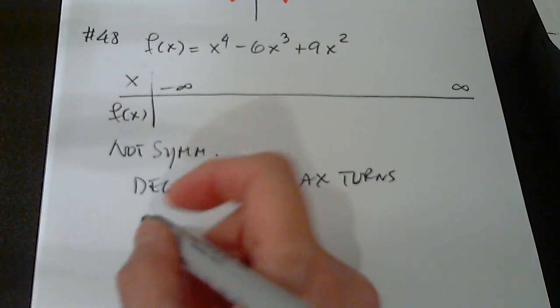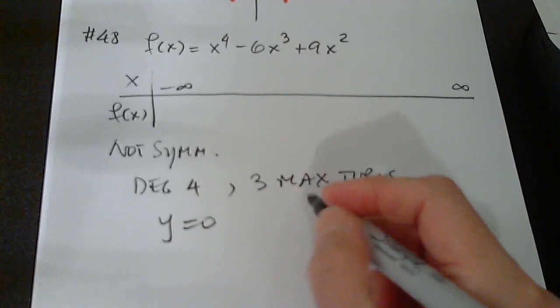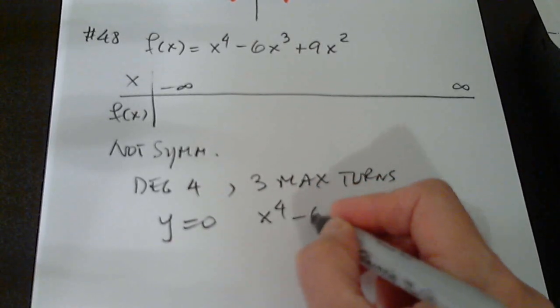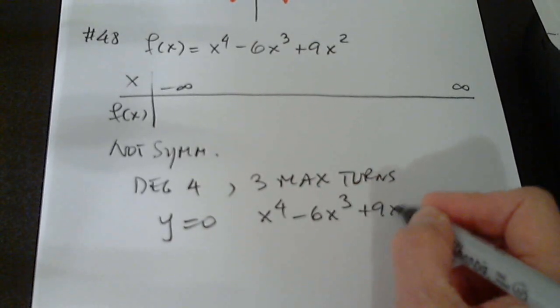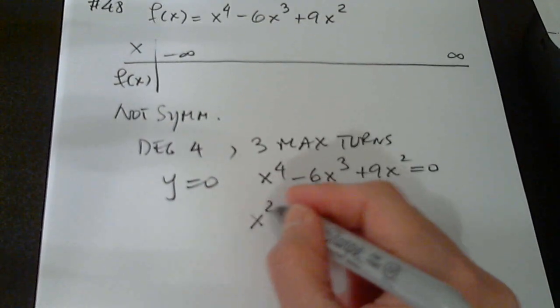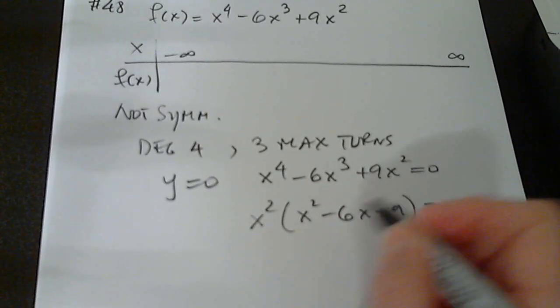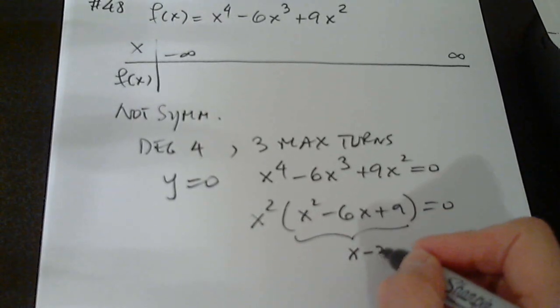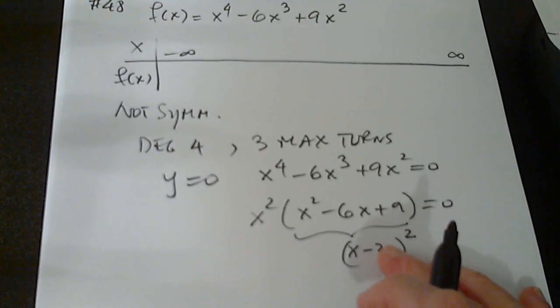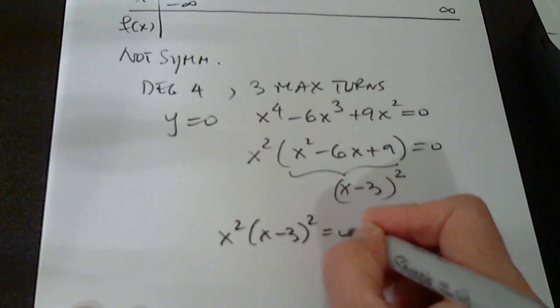So when we find the x-intercepts, so y equals 0, we have x to the fourth minus 6x to the third plus 9x squared equals 0. Of course, we have to factor out x squared. And then we have x squared minus 6x plus 9. And you know that this changes into x minus 3 squared. So now we have x squared, x minus 3 squared equals 0.